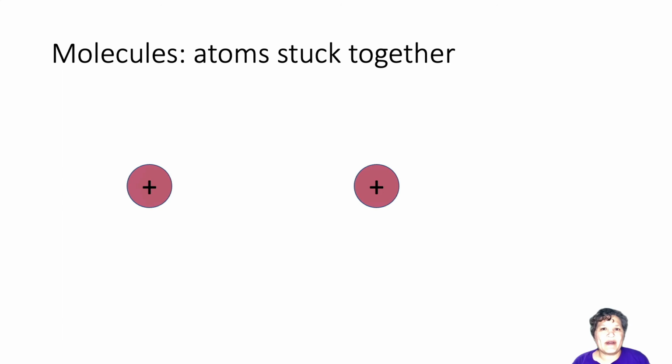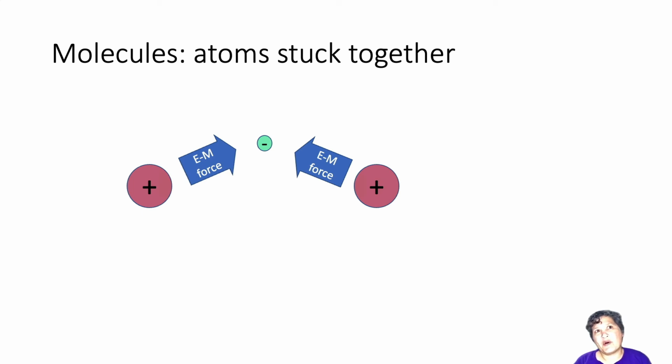Okay, let's think about another setup. Here we're going to put the electron kind of in between the two nuclei, but let's put it up here. Now you can see that, yeah, these nuclei are both going to be attracted to the electron.